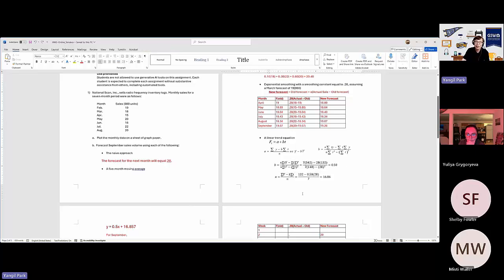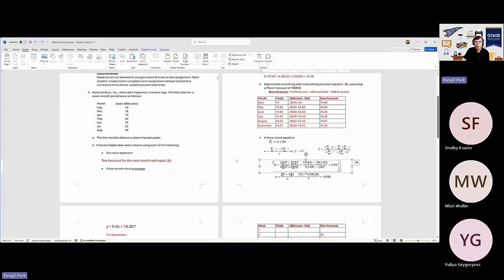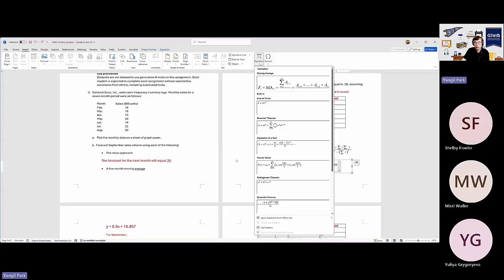So rather than just using all that, the one way I did it, I think I need to explain a little bit, is when you add those formulas, you can actually do it in Word. You go to Insert, then you go to Equation. This is the Equation Editor in Microsoft Excel, Word, PowerPoint, all those applications. Okay, so you can use it here.